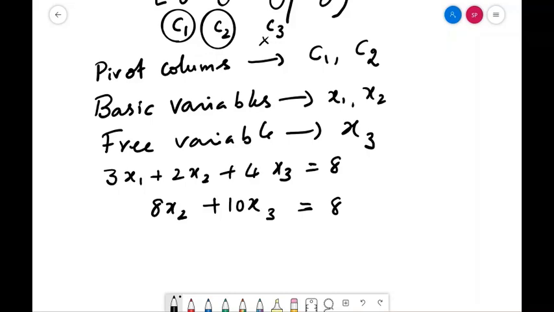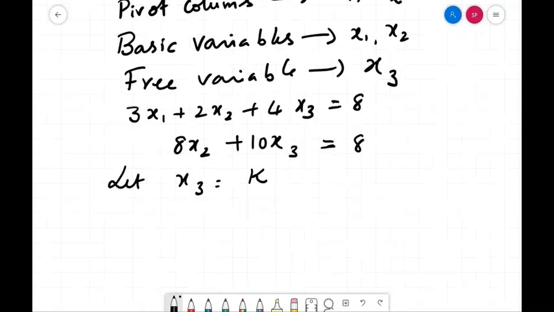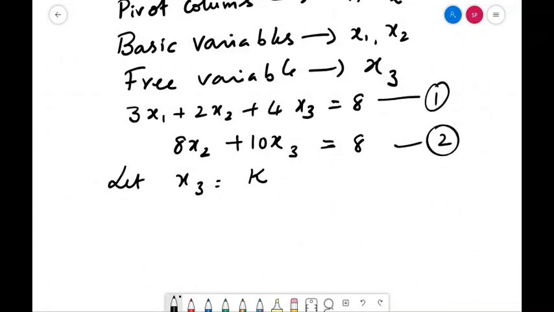Then what I do is, there is a free variable x3. Choose this variable as free. That means I'll let x3 is equal to k, some constant. Then take equation 1 and equation 2.